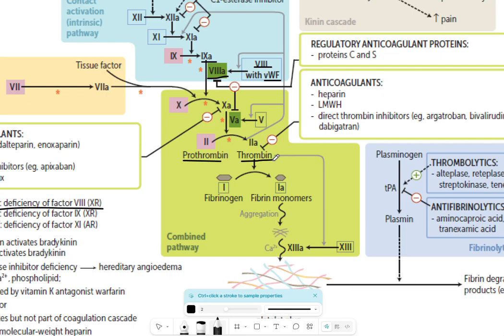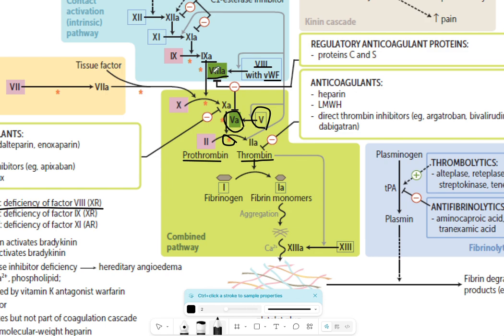Now, this step basically needs some things. First of all, this step also needs calcium and phospholipids. Then it also needs factor 5A, right? Can you see how there's factor 5 here and it's been converted into 5A here?